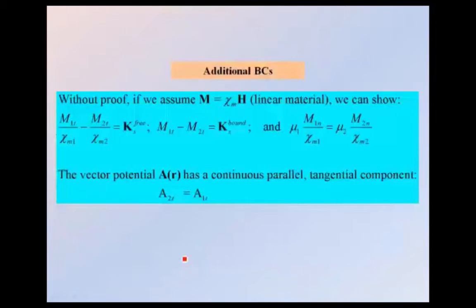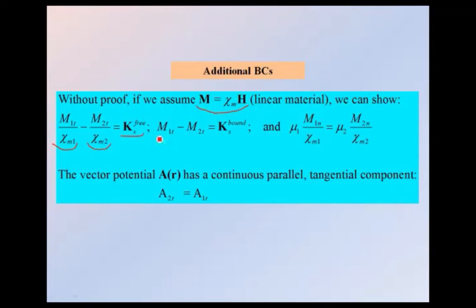There are some other boundary conditions, and I'm not going to go through the proofs of those. It goes back to assuming a linear material, so that it allows us to take a ratio of H to M, or the other way around, to take M and put it into the H equation, and that's what I've done here. This basically is H1 tangential, this is H2 tangential, and that's equal to the free current density that we got before.